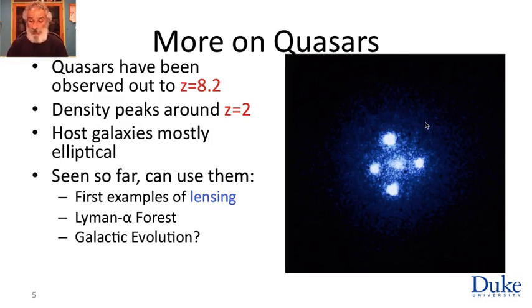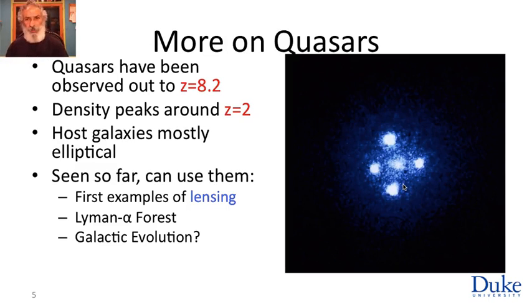The symmetries of the lensing mass caused the quasar to be lensed into 4 distinct images. Spectral analysis shows these are 4 copies of the exact same quasar lying behind a foreground galaxy. And so quasars are useful as lensing objects. If you're looking for lensing events, quasars are good.